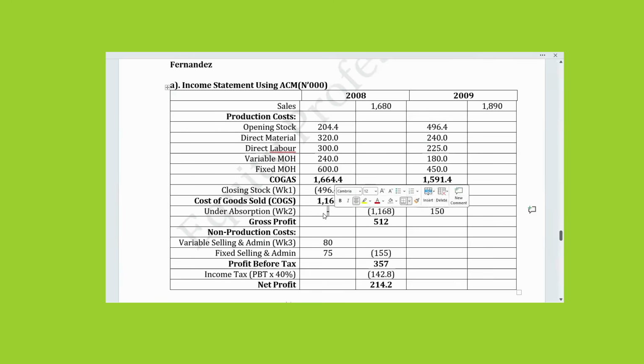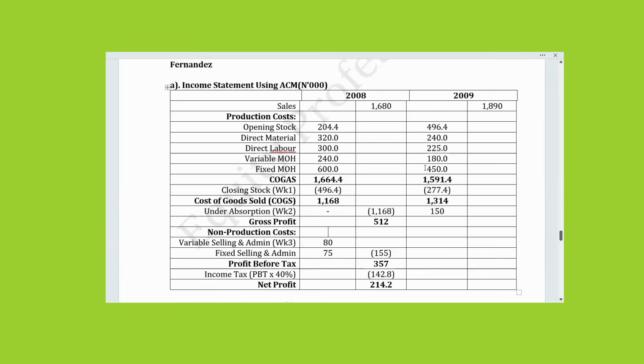We do not have anything in 2008, it was 0, because what was budgeted for is what was absorbed to a product. However, in 2009, our budgeted overhead still remains 600,000 naira, that is 200,000 units multiplied by 3 naira.